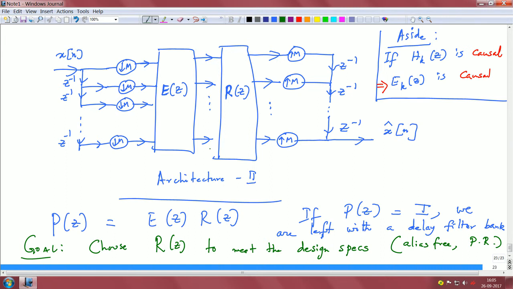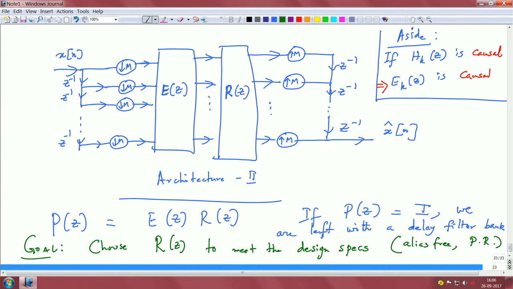So, imagine that you followed exactly type 1 for synthesis, you will have to have delay elements here immediately, and that would be hard to even think about how that would have an impact, because you have delayed versions of the subband signals followed by filtering and upsamplers and all that. It would be very messy to analyze such systems.